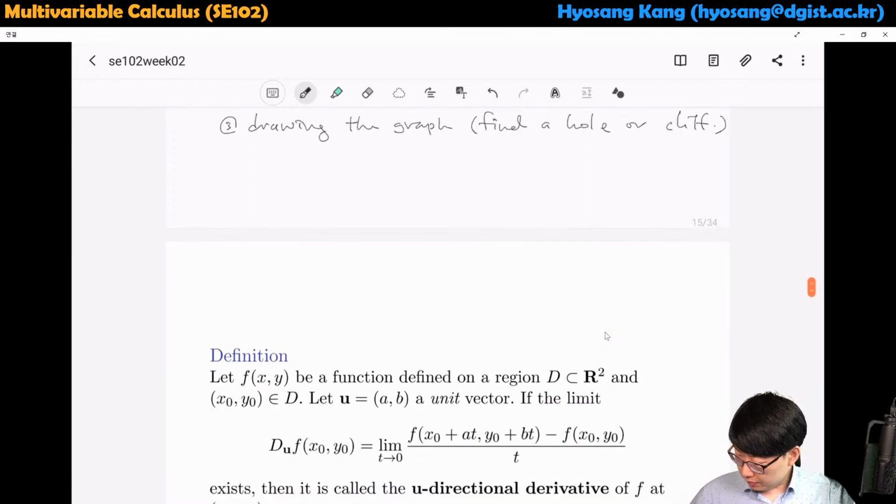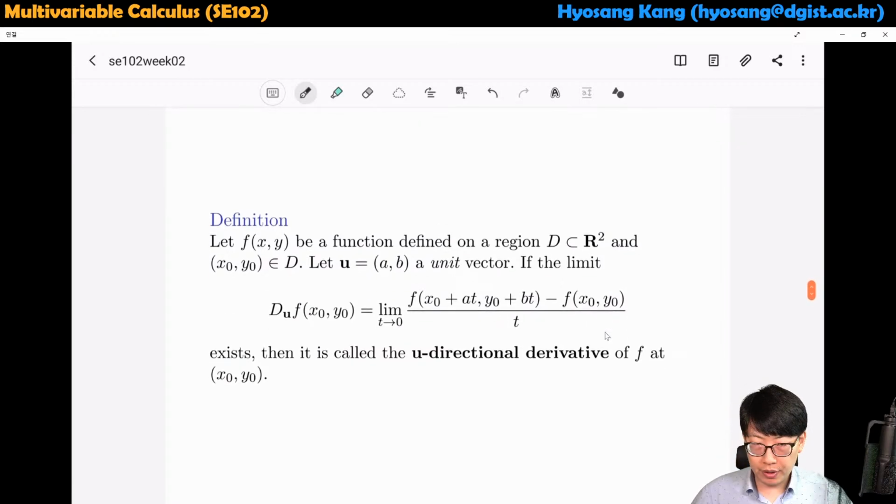So from now on, we are going to talk about the differential. Before we start, let's review what the differential or differentiation of a single variable function was. In a single variable function, the easiest way to describe a differential is that it's the slope of a graph.